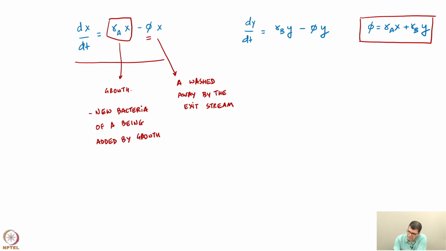What we have to realize here is that phi, let's formally write this down, is the mean growth rate of the population at any given point.